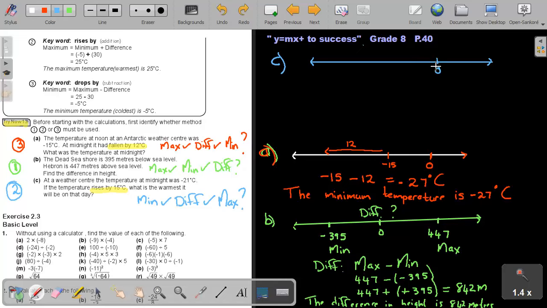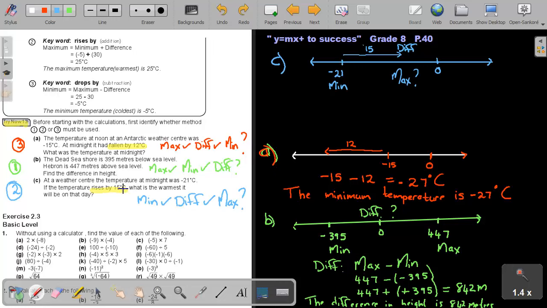So there's 0. If it's below, so it's negative 21 degrees Celsius. If the temperature rises, so it's going up, and it's going up with how many? 15 degrees Celsius. So this is the minimum, this is the difference, and I'm looking for that maximum.